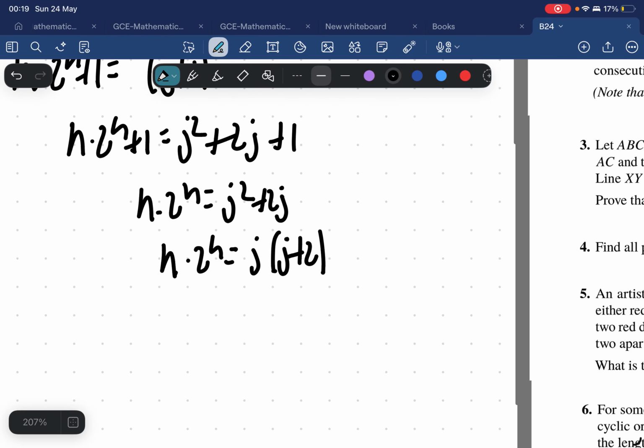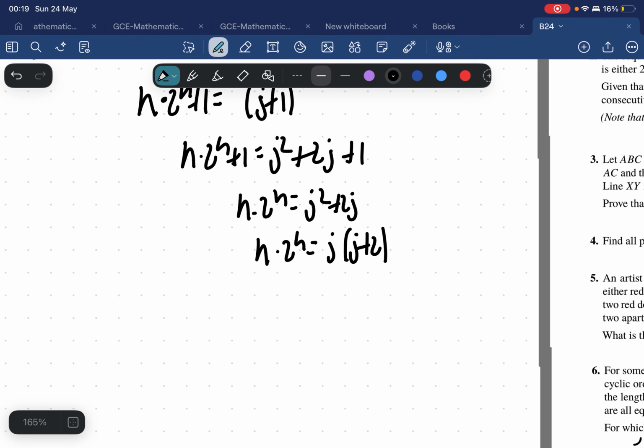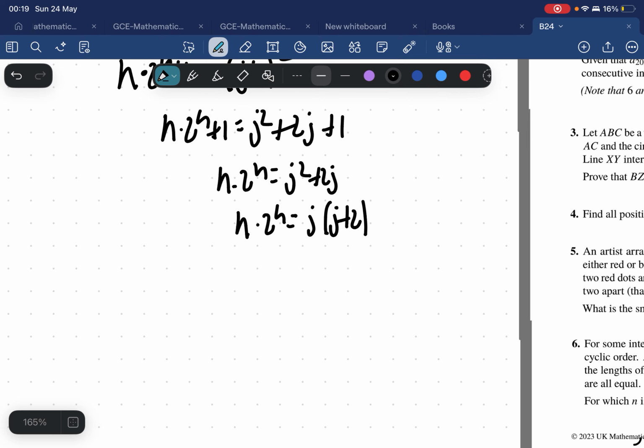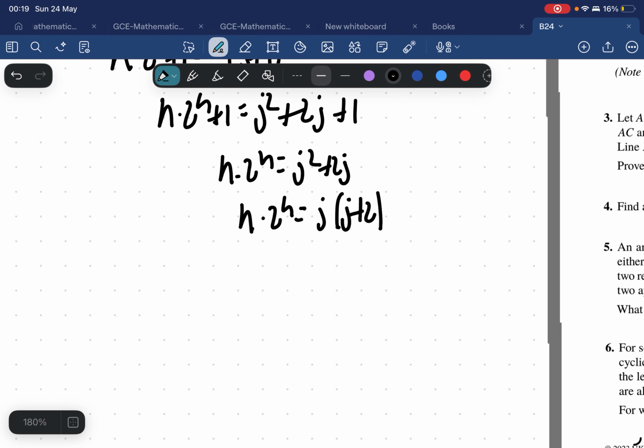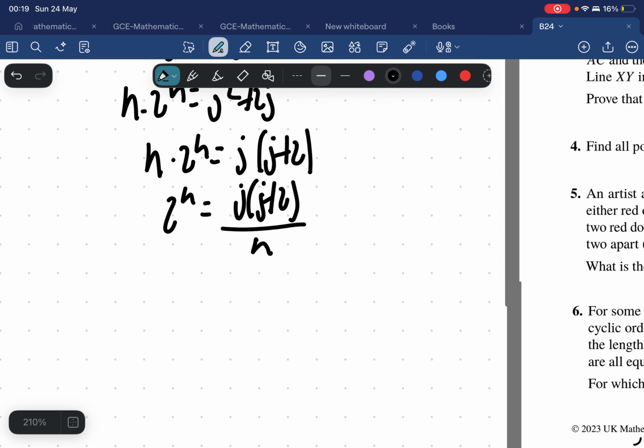Okay. So j is even, it's good. So j can be composed maybe. Or perhaps this could be nice actually, j plus 2 for n, that's a power of 2.